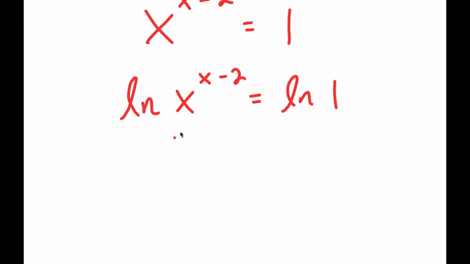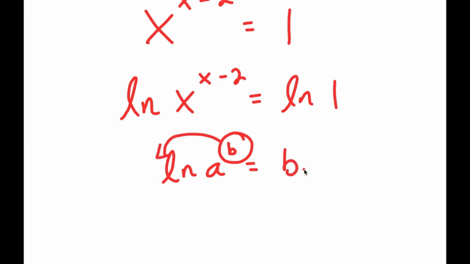Now, an important property of logarithms is that if I have something in the form ln a to the power of b, I can move this exponent b to the front. So this can equal b times ln a. And this property is very useful because notice how now x is an exponent, and in this state it's really hard to solve for x.